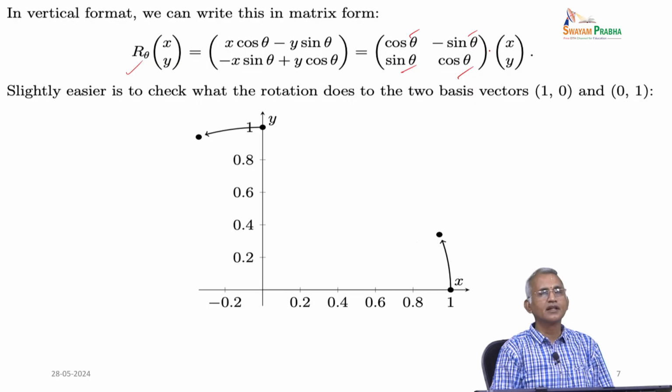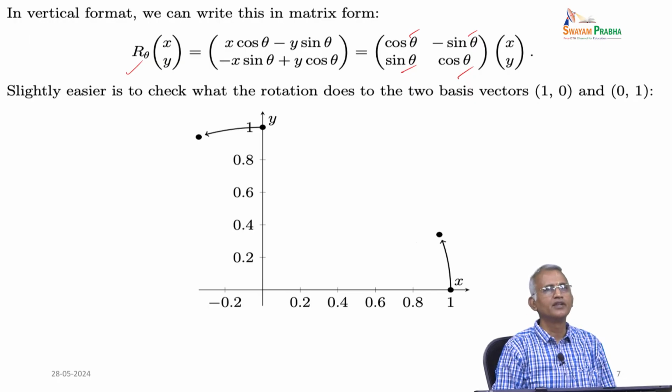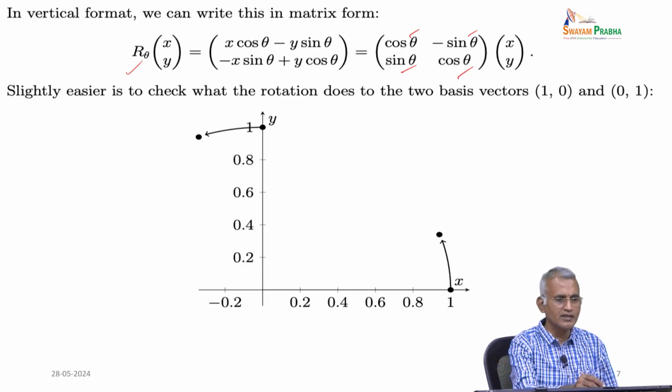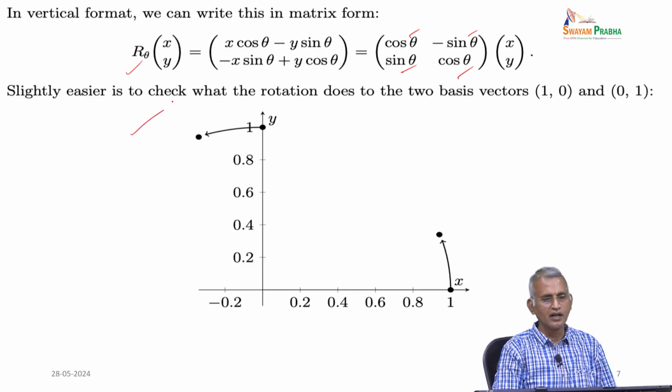So this represents the rotation by theta with respect to the x axis and y axis, and correspondingly we can write the rotation in matrix form. It is easier to check what the rotation does to the two basis vectors 1 comma 0 and 0 comma 1.